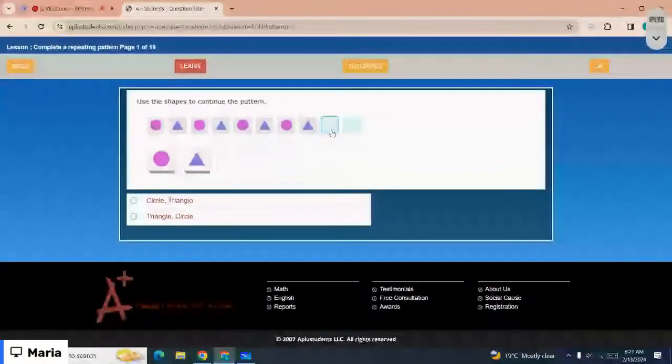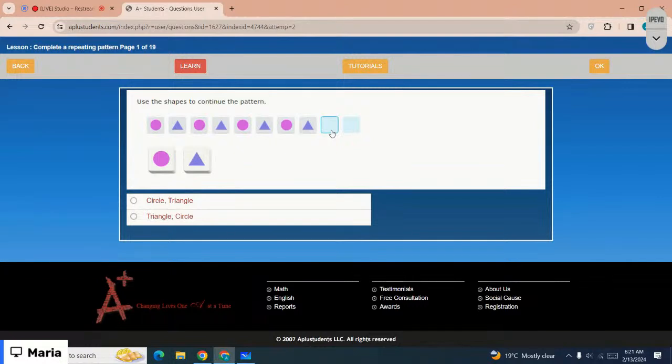Shapes to continue the pattern. So which is the next one? The next one in the pattern is circle and triangle.